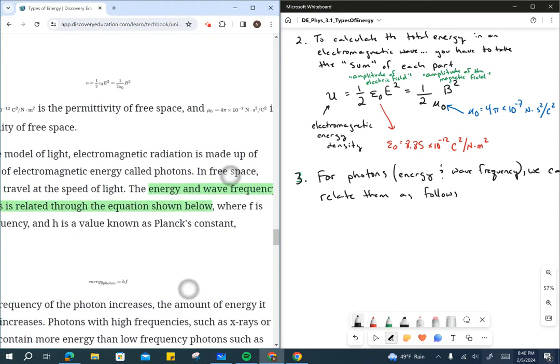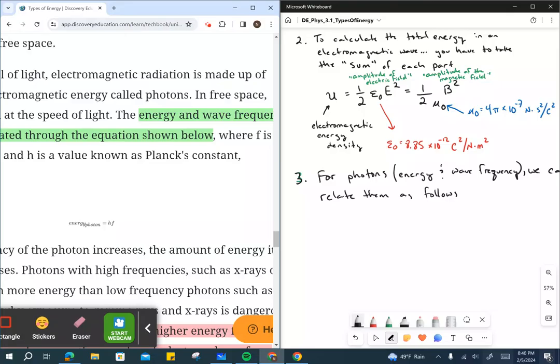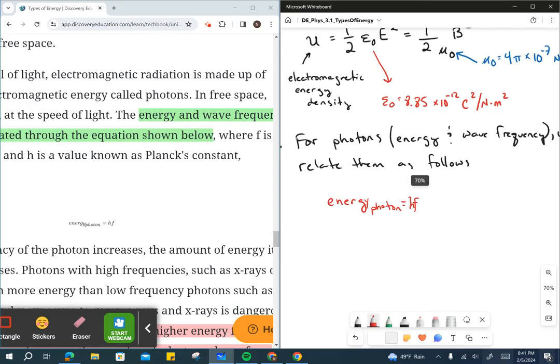The energy of a photon is equal to h times f.